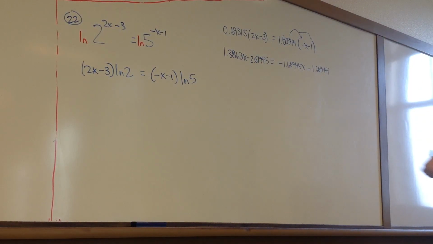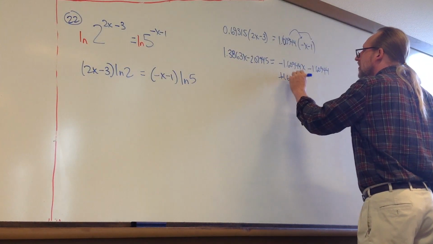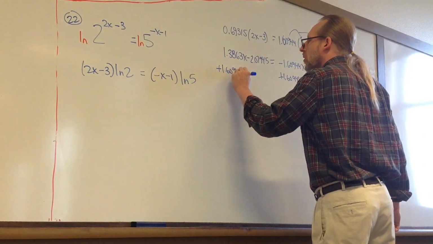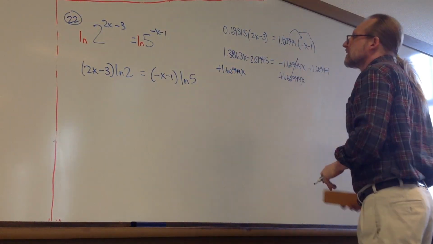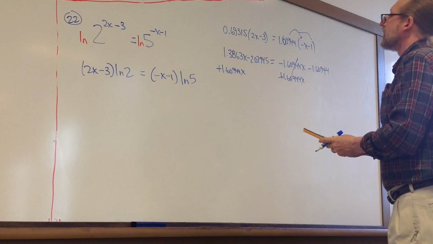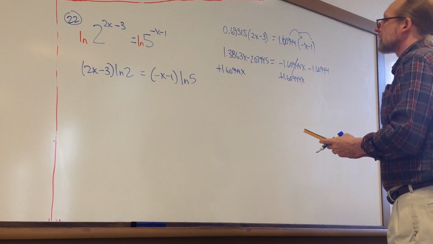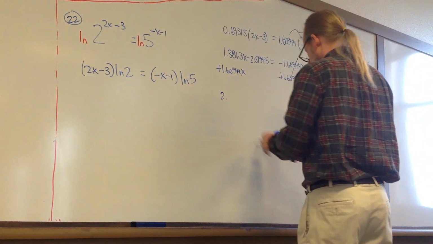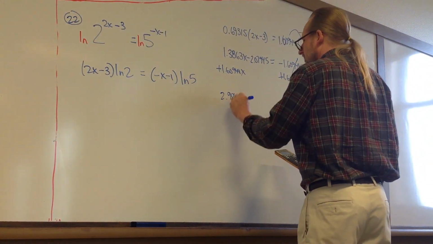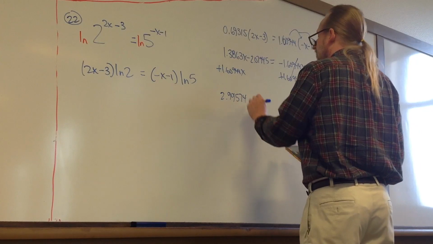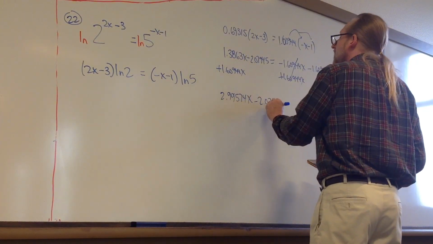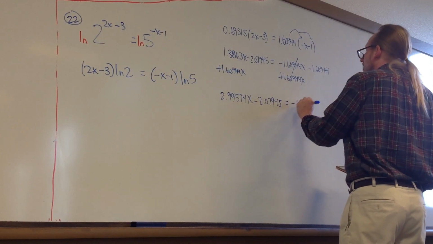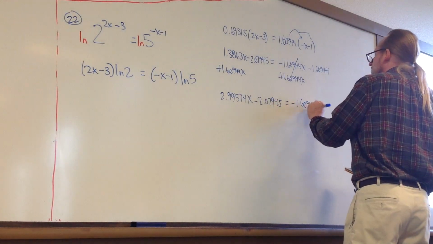Okay, let's see. Let's add this to both sides. So those will cancel out. And let's see. 1.3863 plus 1.60944. So 2.99574x. And then we still got this 2.07945 and minus 1.60944.